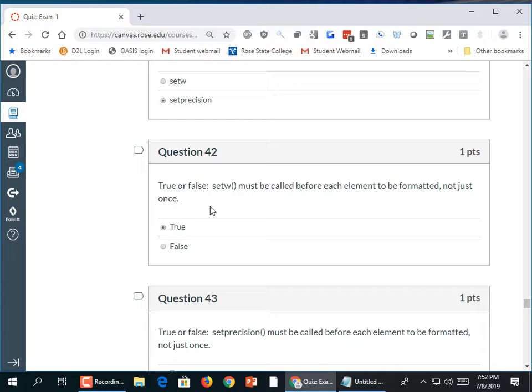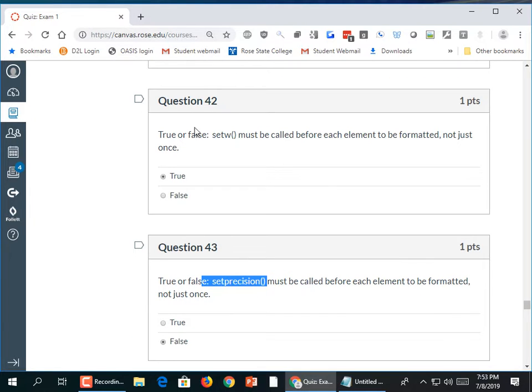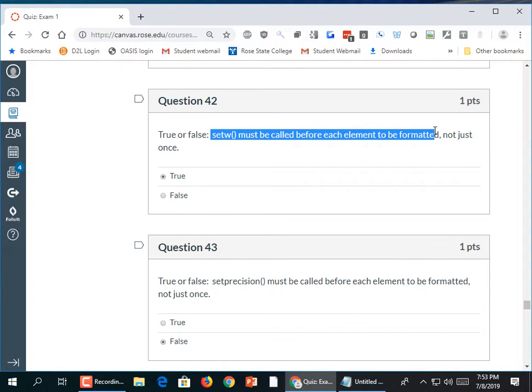So if you want to change the one after that, you better call it again. Now, setprecision is not like that. Once you set it, if you say I want 7 digits of precision, then every single time you print any float after that, it's going to have 7 digits of precision. So that is not true. This is a set once until you want to change it. This is a set every single one that you want formatted.